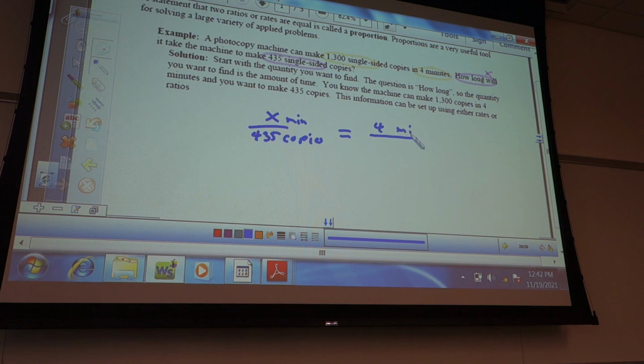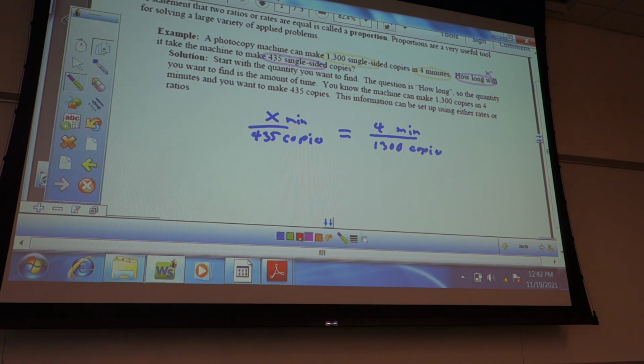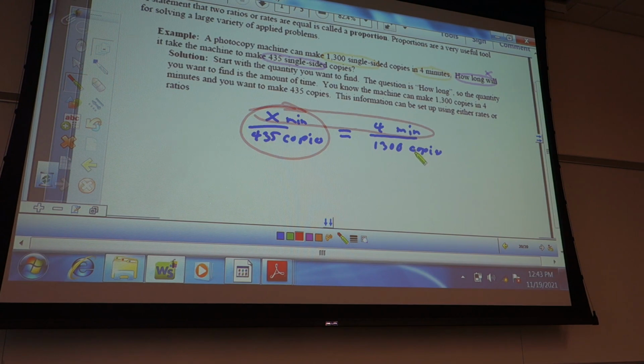Label them while you set it up over 1,300 copies. Now, these folks should have a relationship, and they do, because they go together. It's x minutes for 435 copies. Everybody see what I'm saying? These two should have a relationship, because they're both minutes. So each one needs to have a relationship with the one below it or above it, and the one across from it.